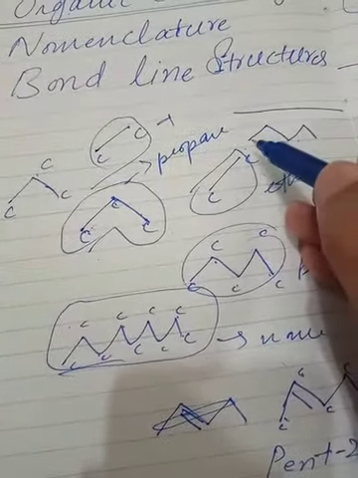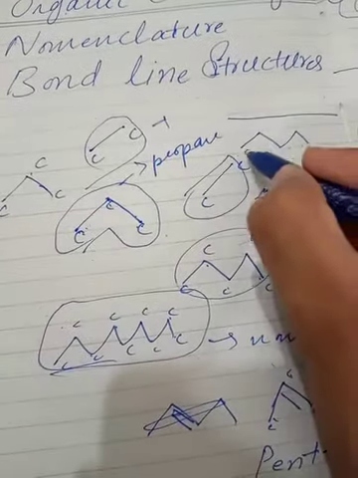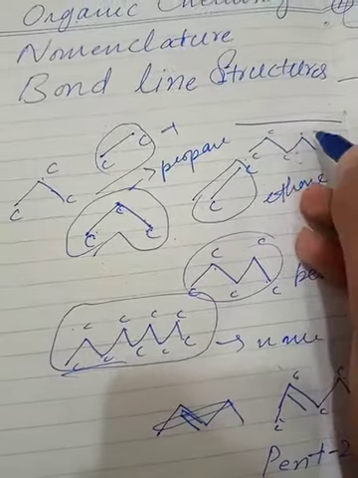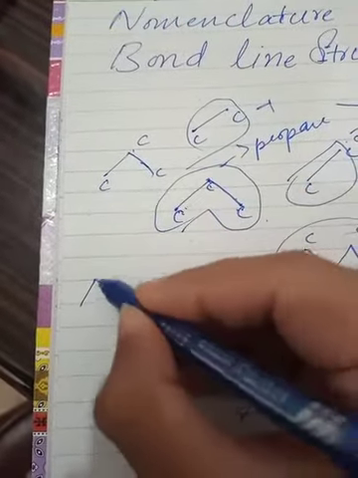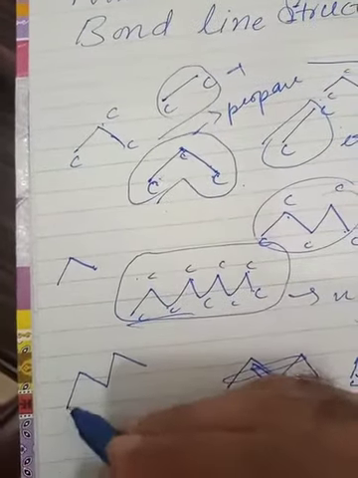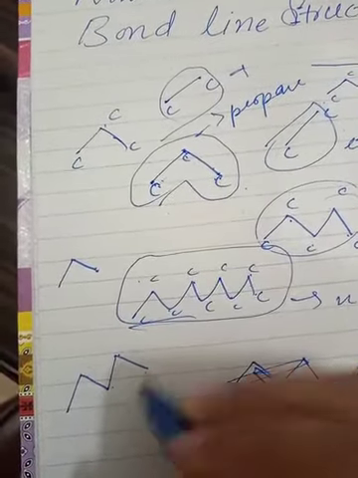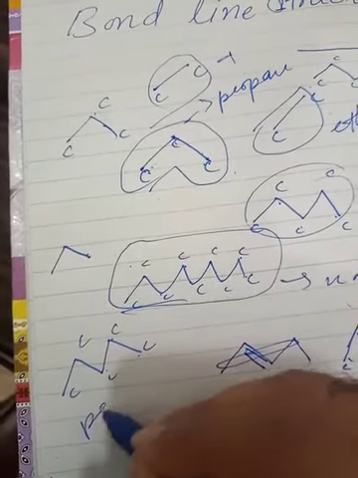Now it has 1, 2, 3, 4, 5 carbons. Likewise, 1, 2, 3 is propane, 1, 2, 3, 4, 5, it contains 5 carbons, that means pentane.